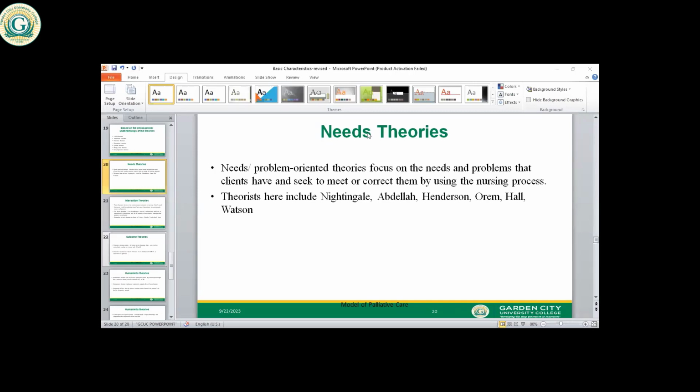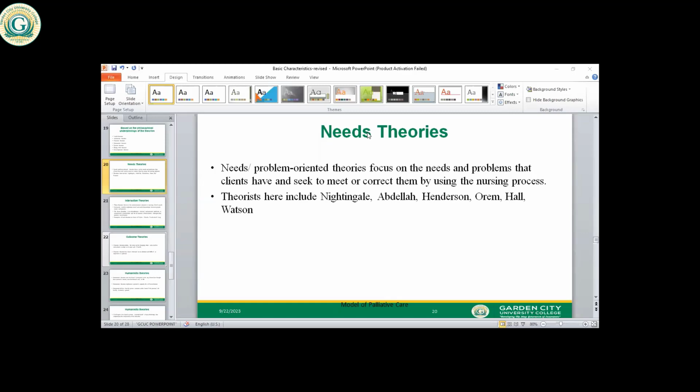So theories that focus on the needs and problems that patients have and seek to meet them. I cited an example earlier on the needs theory, so it should let you know that this is a theory based on philosophical underpinning. And so we have examples. I'll have to take off all my examples so that you can state them in your presentations. But theories we can classify under the needs theory are those propounded by Florence Nightingale, Faye Abdellah, Virginia Henderson, Dorothea Orem, and Jean Watson.